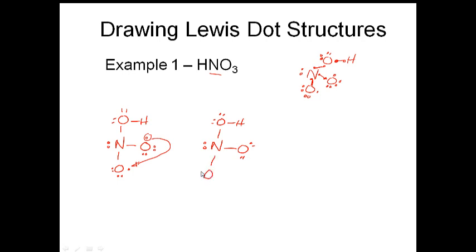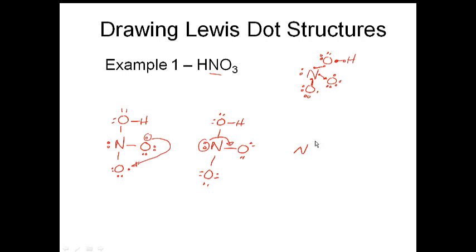Okay. Now if I do that, this is going to be my resulting Lewis dot structure. What I've done is give this oxygen a completed octet, but at the expense of this one. But now I can remedy that whole situation by taking this pair of electrons on the nitrogen and forming a double bond.